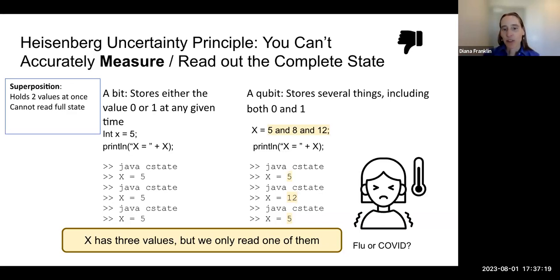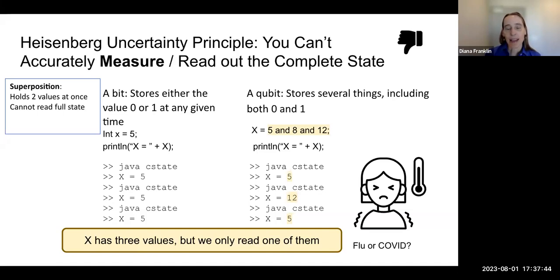So let's imagine that the only thing I'm doing is putting the information into the variable and then printing it out again. It turns out that if I put multiple values into this variable, when I read it out, only one of those values will be printed out. So sometimes it'll be 5, sometimes it'll be 12, sometimes it'll be 8.